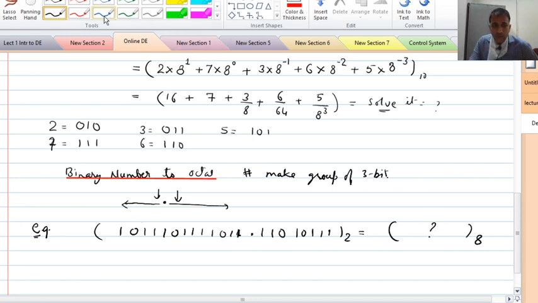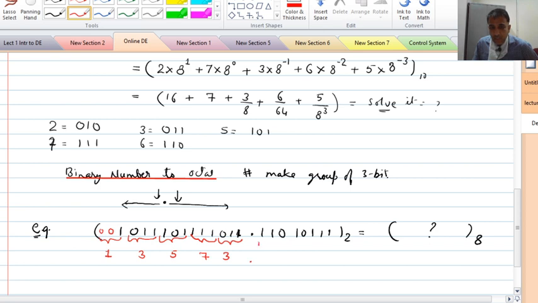Then just make groups. First group is this one, second group is this one, third group is this one, group of 3 bits, 4th is this one, and here we are left with only 1. So, we can assume here 0 0. So, this forms another group. So, this is equivalent 1, 3, 5, 7, 3.